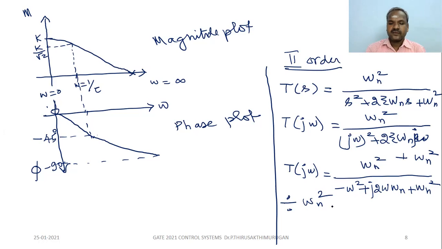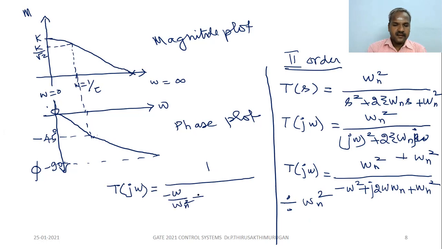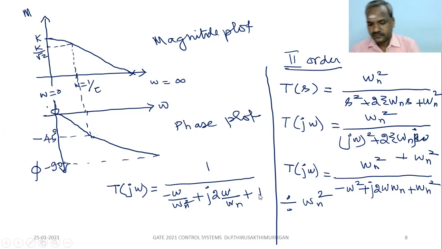If we divide both numerator and denominator, what do we get? T of j omega equals 1 by minus omega by omega n whole square plus j 2 zeta omega by omega n plus 1.